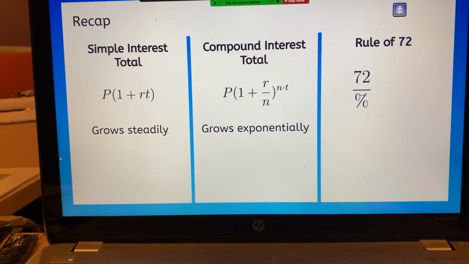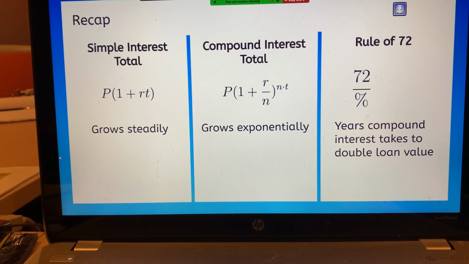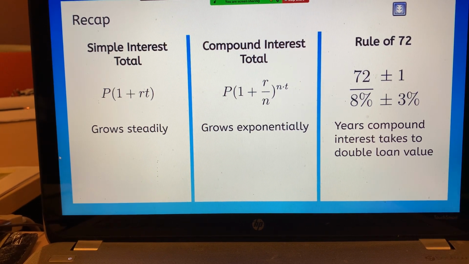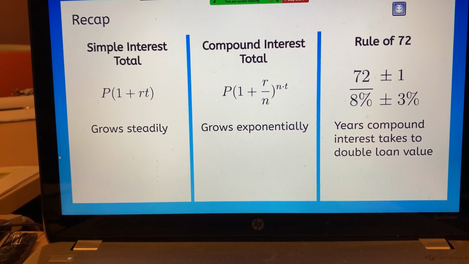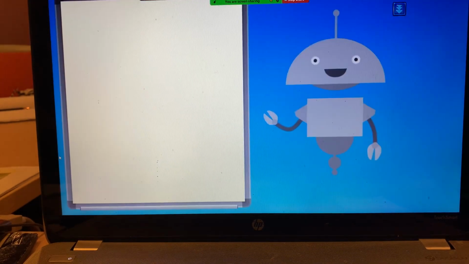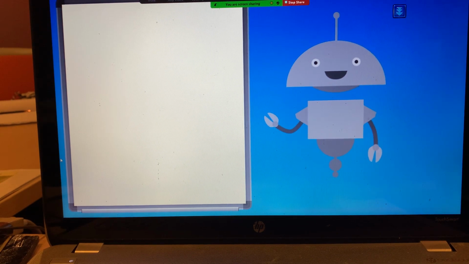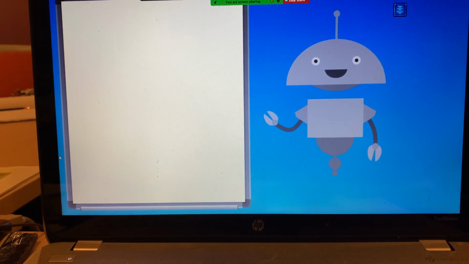For compound interest, you can use the rule of 72 to estimate how many years it will take to double the loan value. But it's most accurate at around 8% interest, so you'll have to adjust it for higher or lower interest rates. As we continue through this financial literacy course, interest is going to come up a lot.